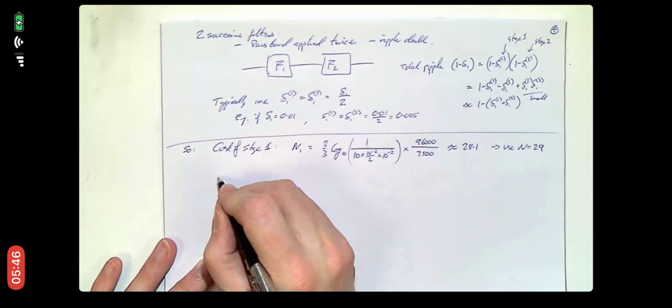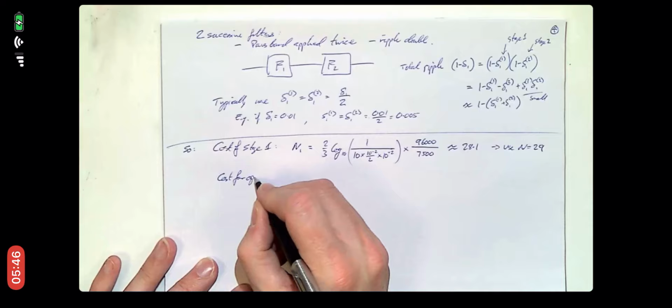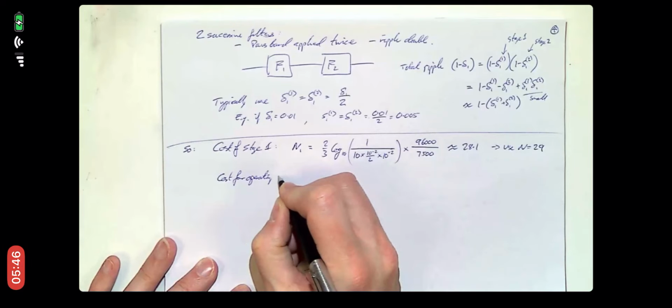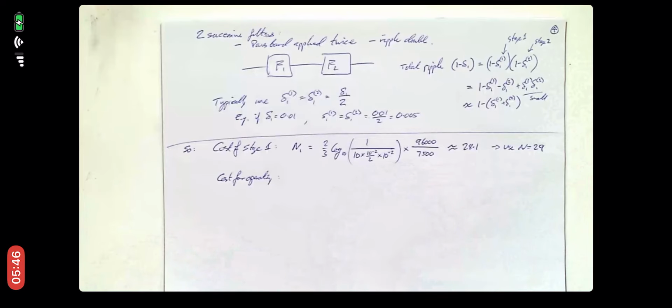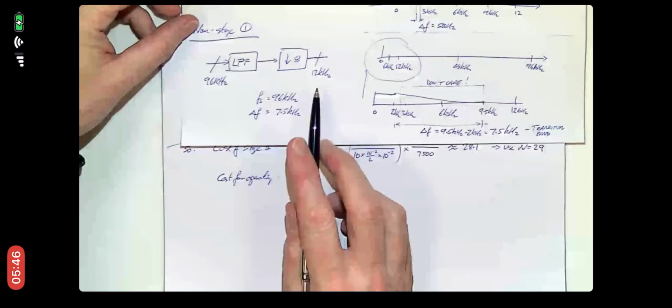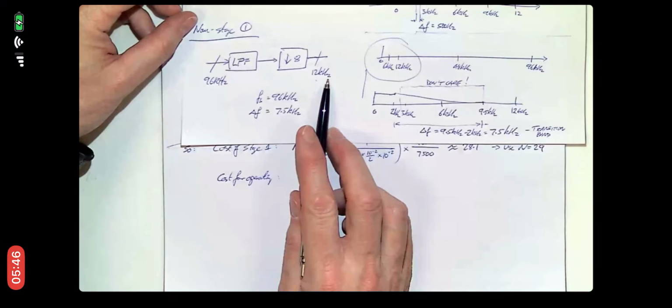So that means now the cost for operating is the sample rate, and if we look at our stage 1, we're running at the lower of the sampling rates, which is 12 kilohertz.